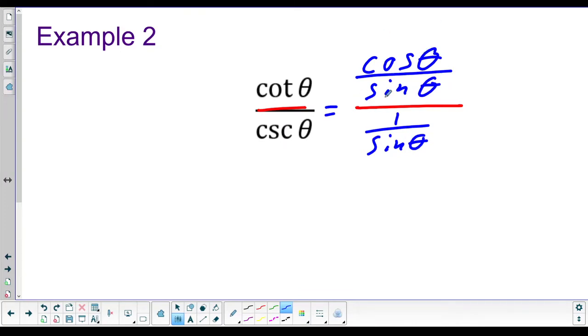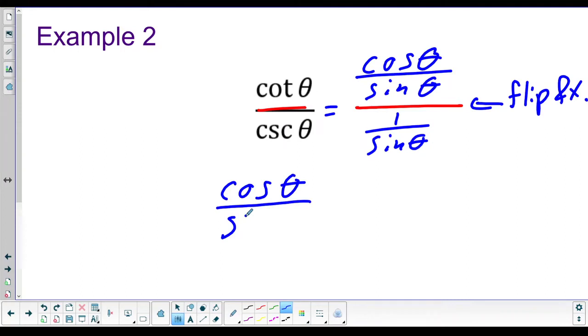We can handle a fraction divided by a fraction, because we know if you're dividing by a fraction, you can flip and multiply instead. So we're going to take this, cosine of theta over sine of theta, and multiply by this thing flipped over.